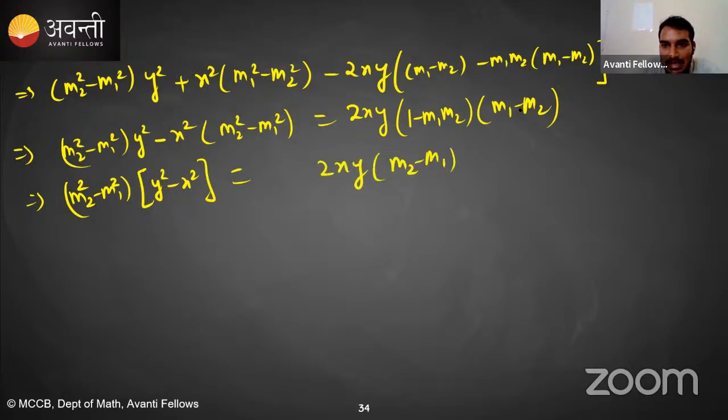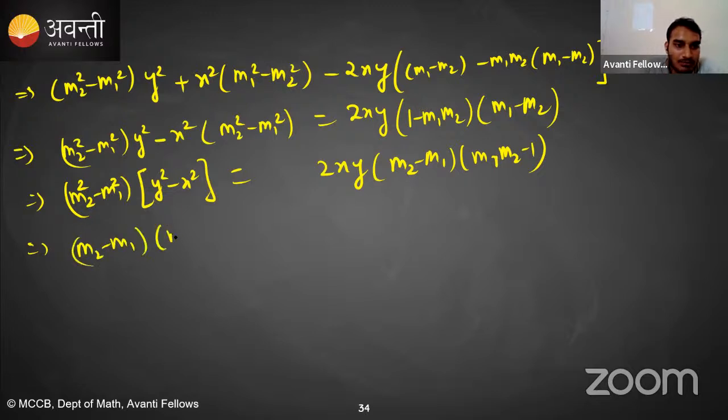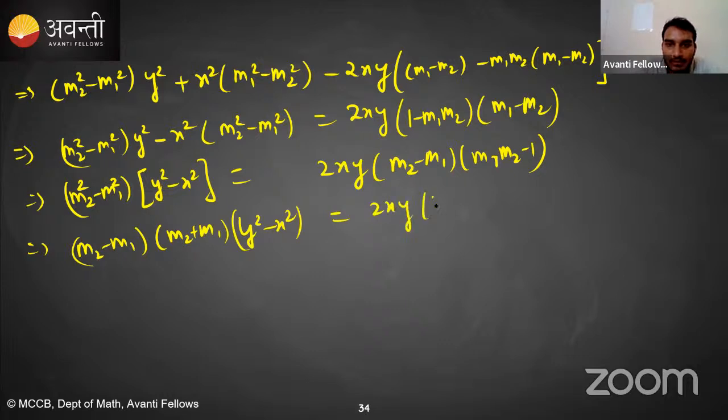So what I'm doing is take the negative in this bracket outside and give it to the next bracket. So this can be written as m1 m2 minus... Clear? So factorize it well: (m2 minus m1)(m2 plus m1)(y square minus x square) is equal to 2xy (m2 minus m1)(m1 m2 minus 1).